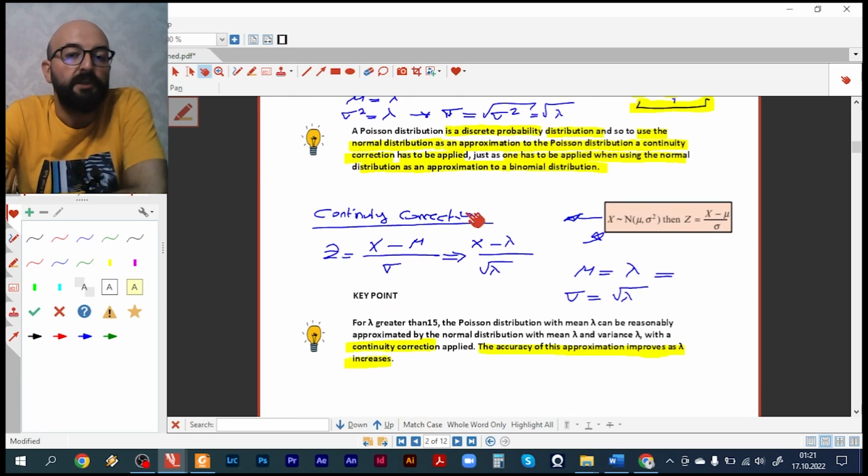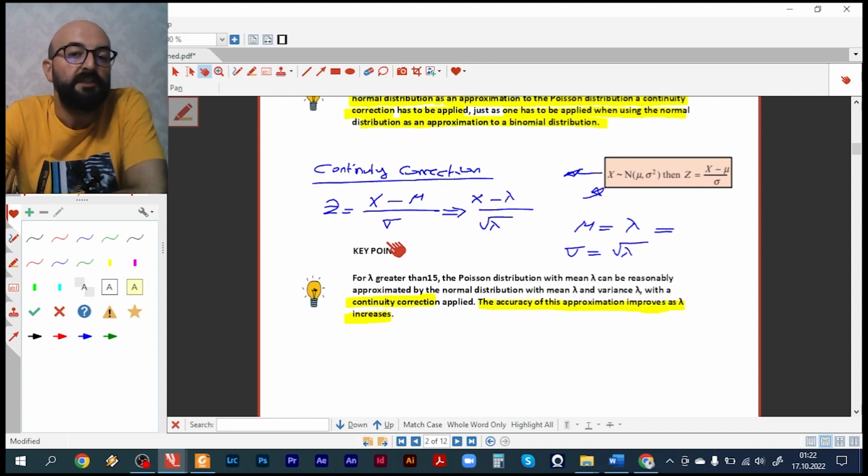So you need to convert the Poisson distribution data to normal distribution data. So you should use continuity correction. When you use continuity correction, you should use this formula: the X value is converted to a Z value, and Z equals X minus mu over the standard deviation.